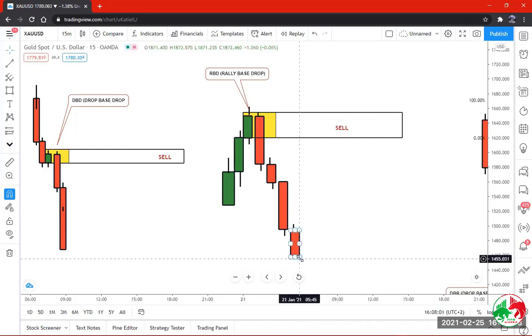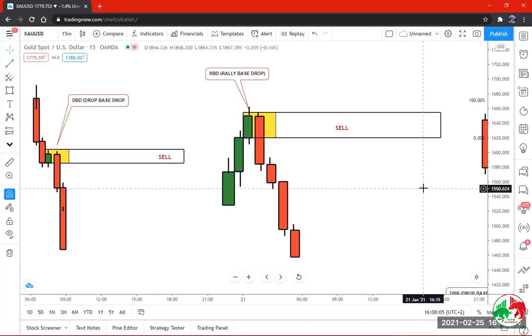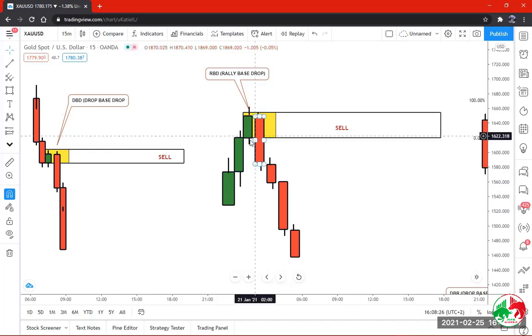So basically, the base is at the top, where the end of the buy candle and the beginning of the sell candle meet. This is where we look for imbalances, which are an indication of footprints or crumbs of institutions. So this is a rally base drop.